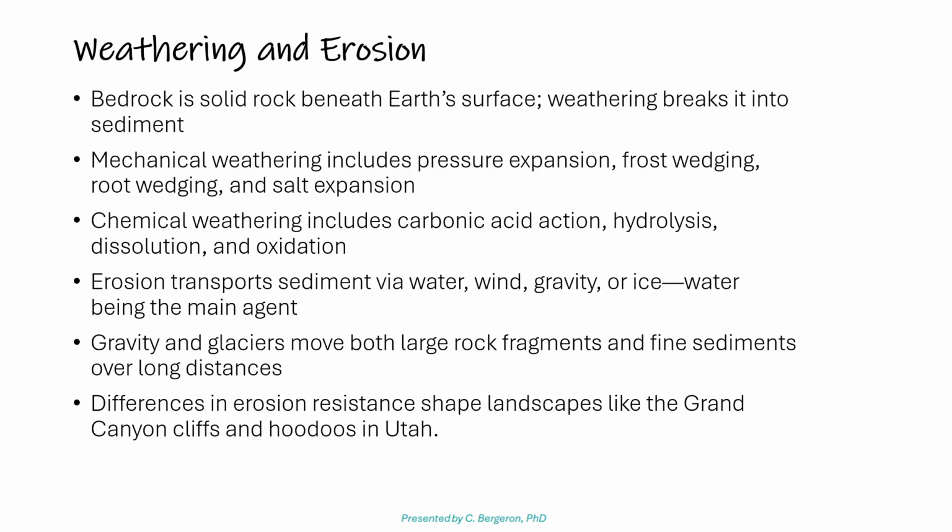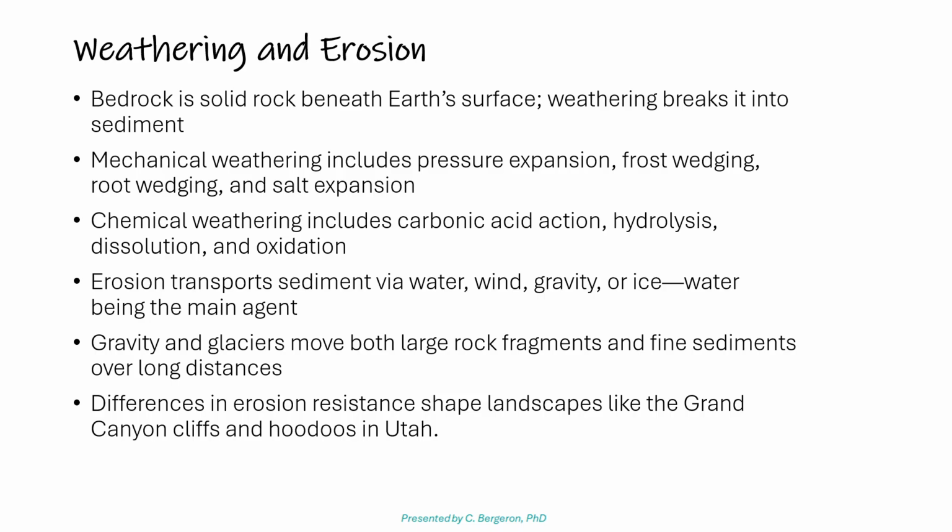Now we're going to discuss weathering and erosion, and over the next several slides I'm going to talk about each of the different types of mechanical weathering and chemical weathering. A term you will see come up repeatedly is bedrock, and this refers to the solid rock that makes up the Earth's outer crust. Typically it's referring to continental crust.